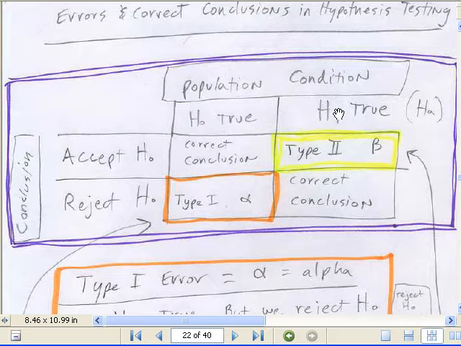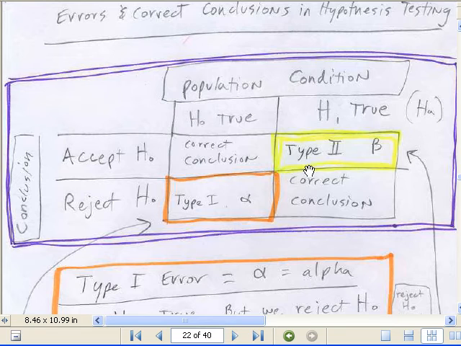Now let's look at what happens if H sub 1 was true. If we accept H sub 0, we get a type 2 error or beta. That means we accepted it even though the alternative was true. Now, what if H sub 1 is true and we reject H sub 0? Then we get the correct conclusion.